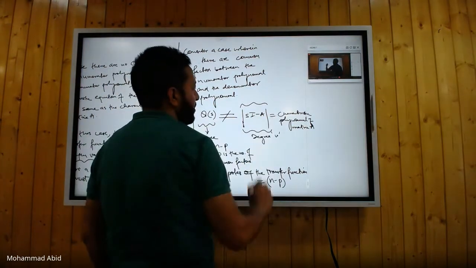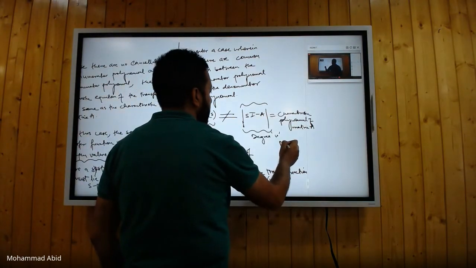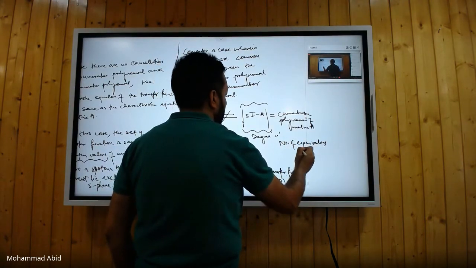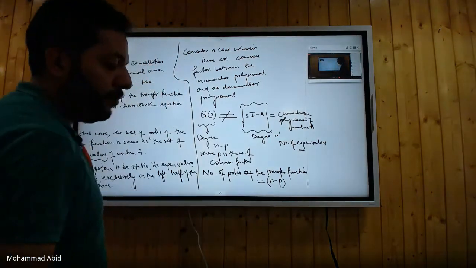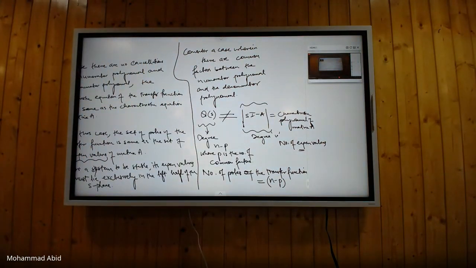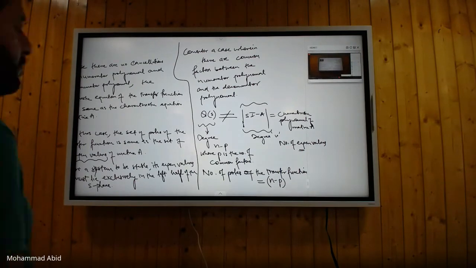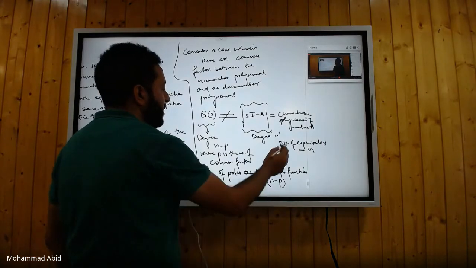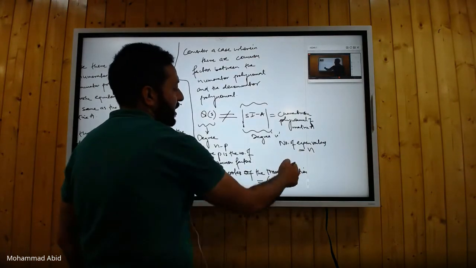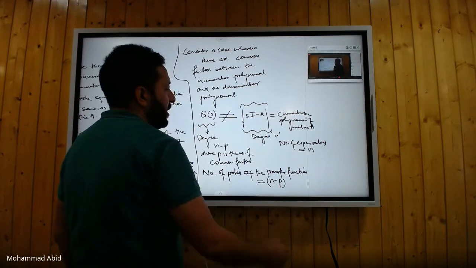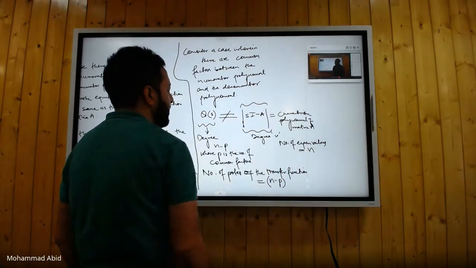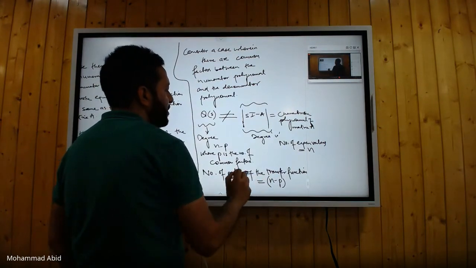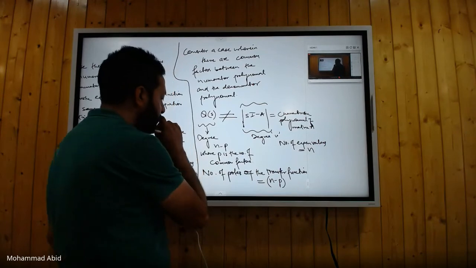When you solve the characteristic equation of matrix A, what will be the number of eigenvalues? n. Very good. So the number of eigenvalues will be n, which is greater than n minus p. That means the set of eigenvalues of the matrix A will be a superset of the set of poles of the transfer function of the system, isn't it?